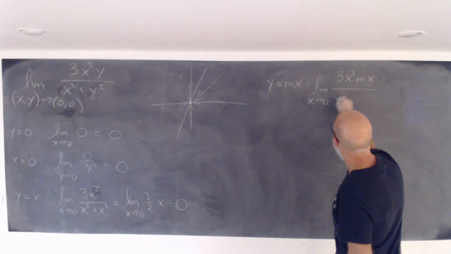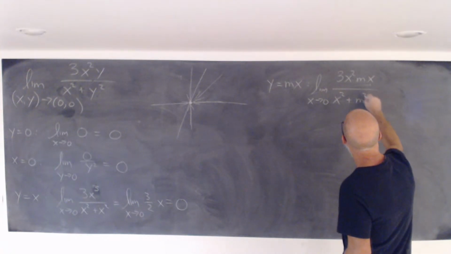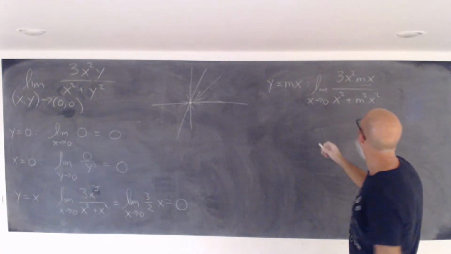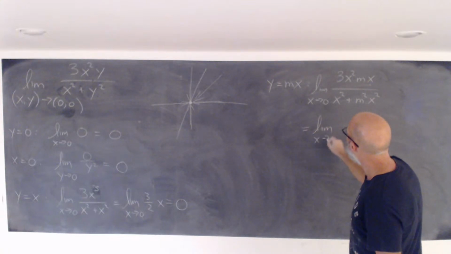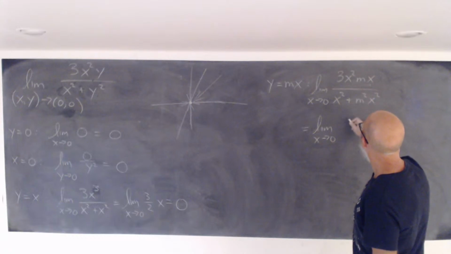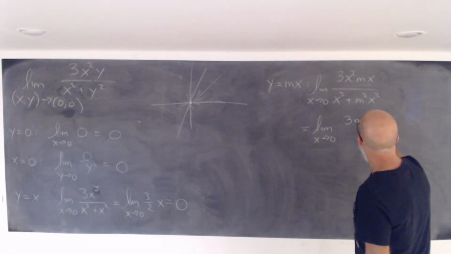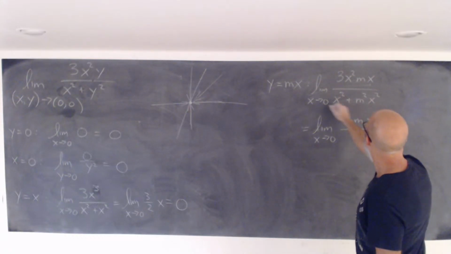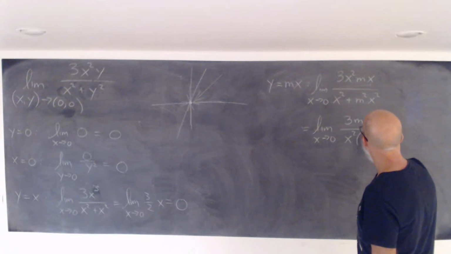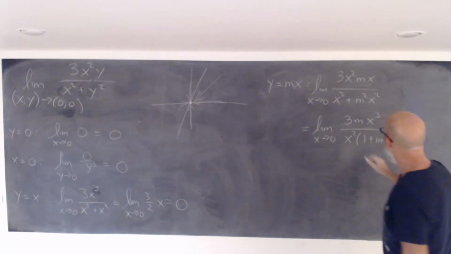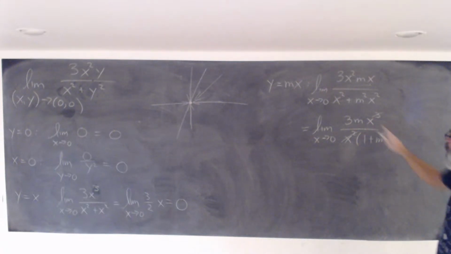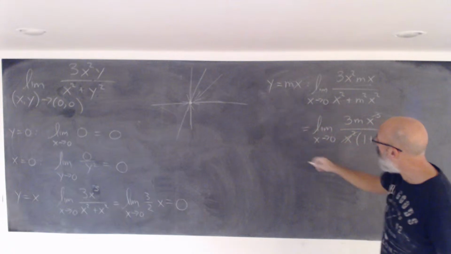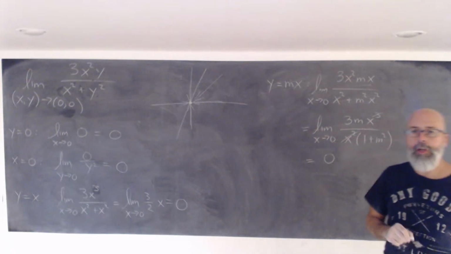The denominator is x squared plus m squared x squared. If you factor out, this is 3m x cubed. If you factor out an x squared, this is 1 plus m squared. x squared and x cubed cancel, leaving you with an x on top. Regardless of the line, the limit is 0.